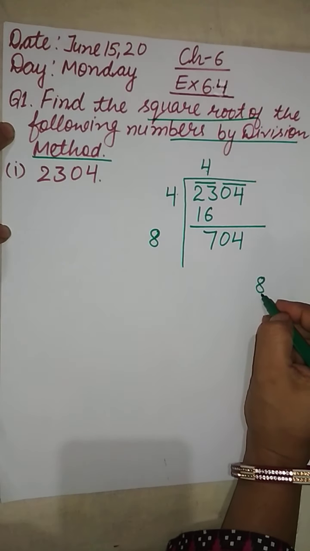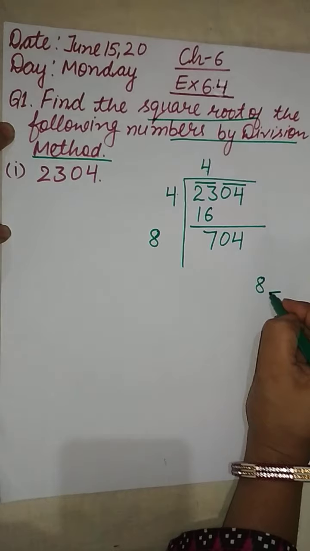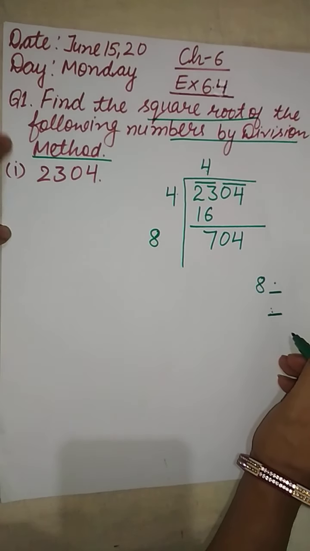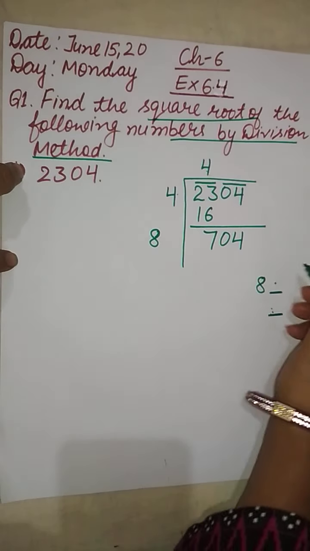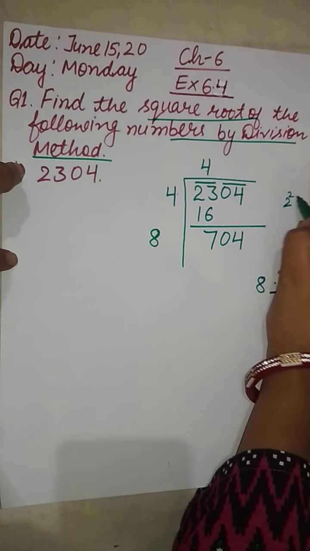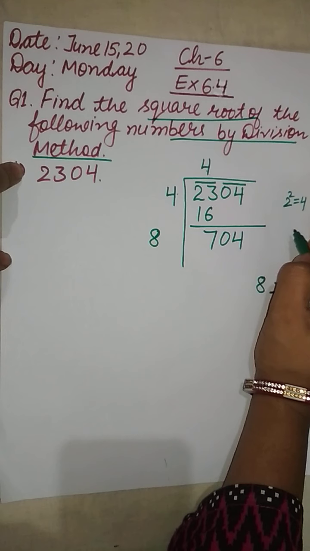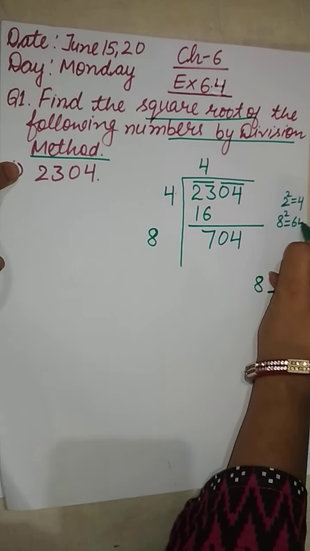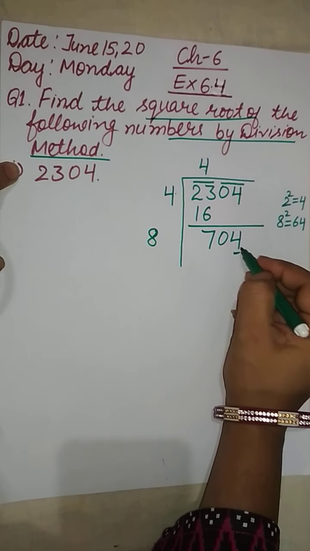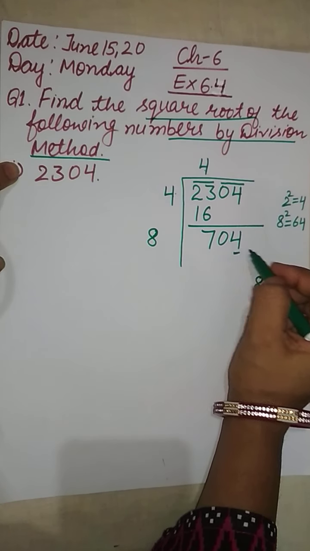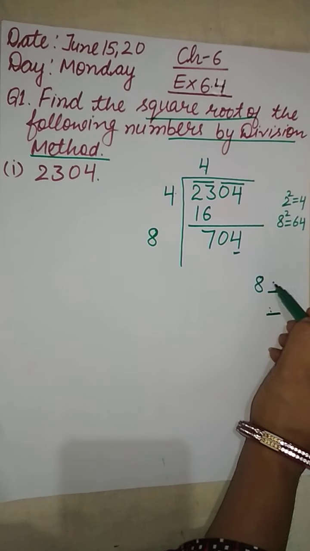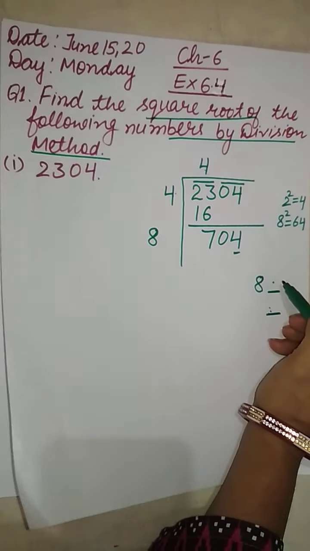So this is 8, and I want to find these two numbers. These two numbers should be the same. That is the first condition. We know that the square of 2 is 4 and the square of 8 is 64. As this number has the unit digit 4, I will have only two options: either I can write here 2 or I can write here 8.